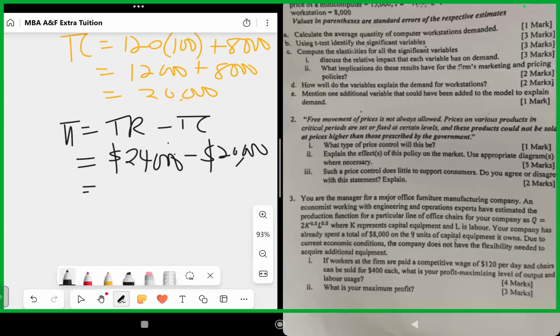So in total, the profit is $4,000. That is what the question wants us to obtain. So that's it. What's the maximum profit? The maximum profit is $4,000. All right.